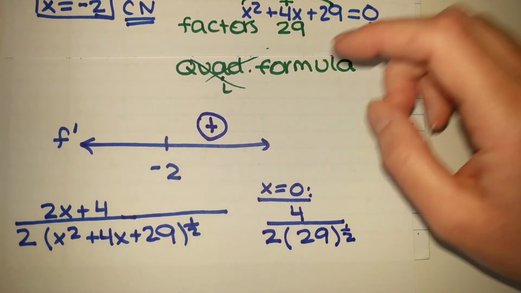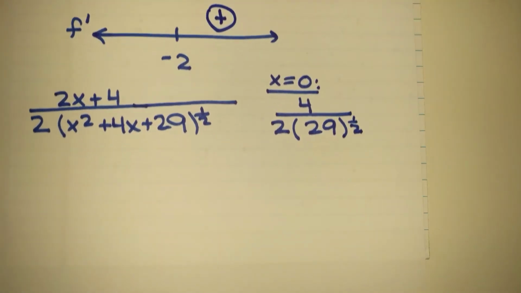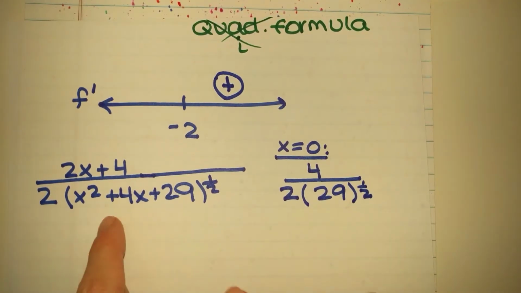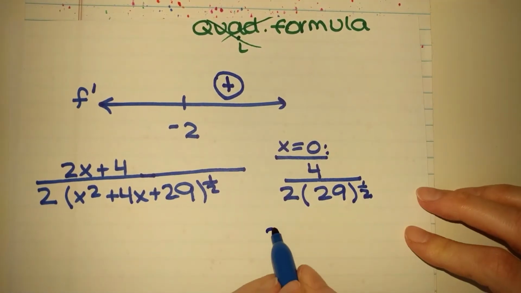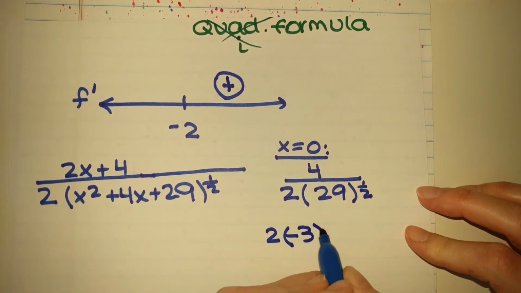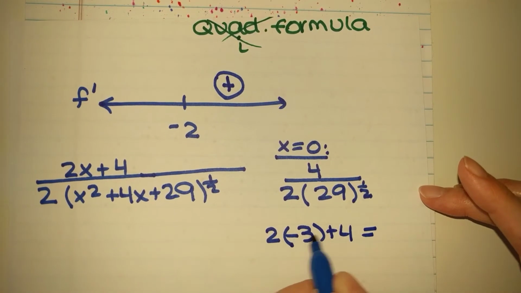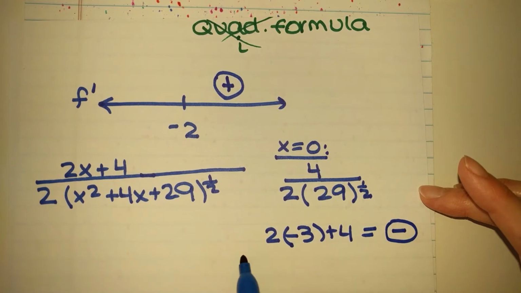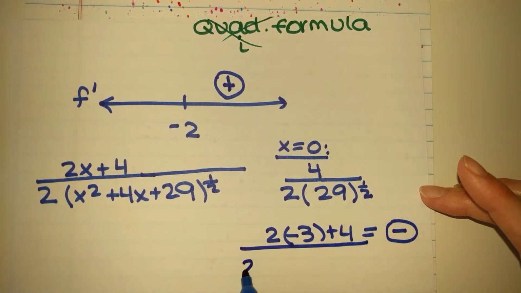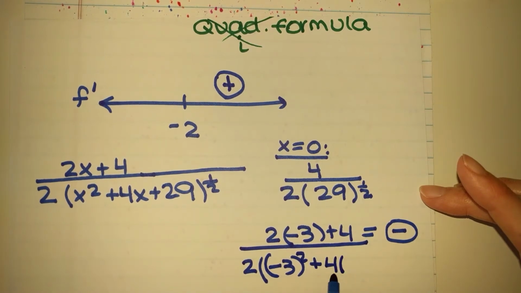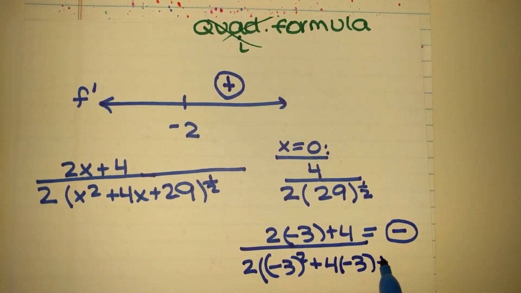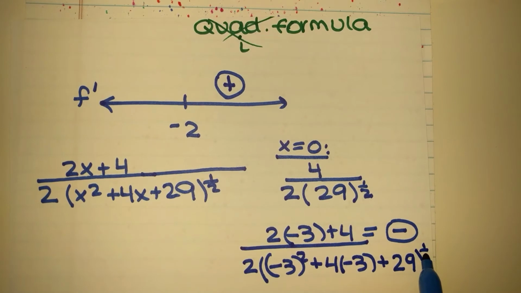If we plug in -3, let's say, we would have 2 times -3 plus 4, which gives us -6 plus 4, a negative, over -3 squared plus 4 times -3 plus 29 to the 1/2 power.